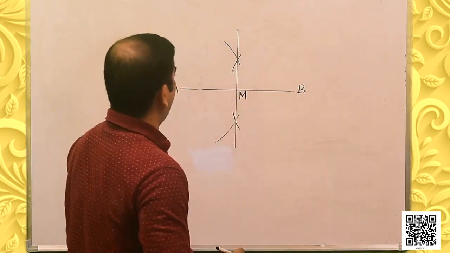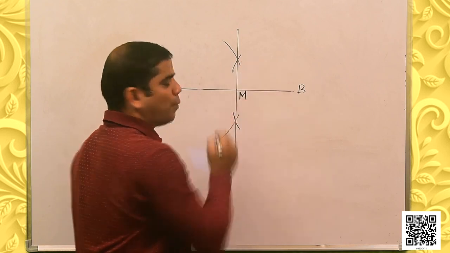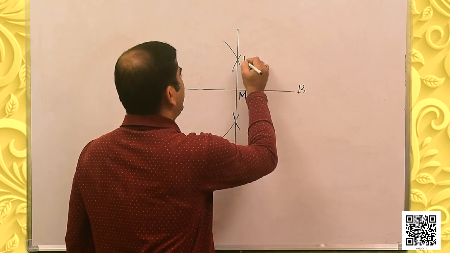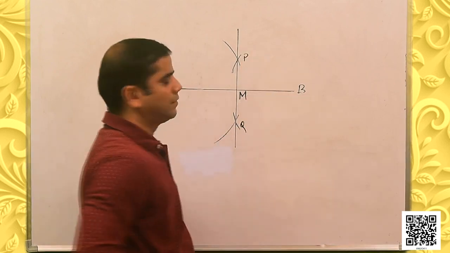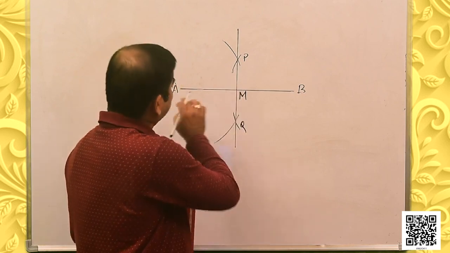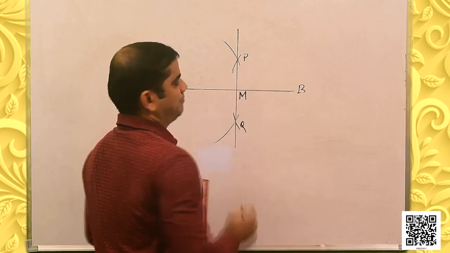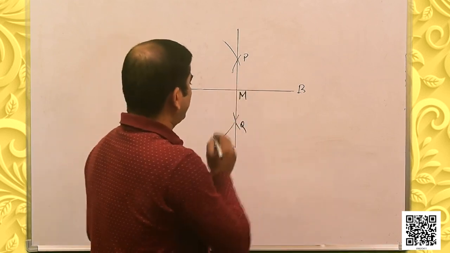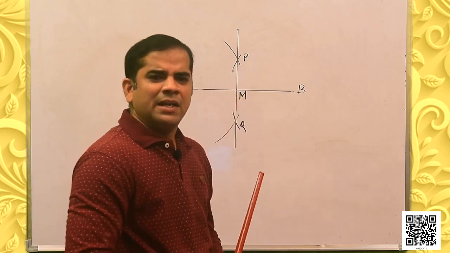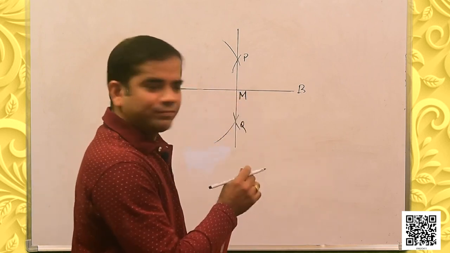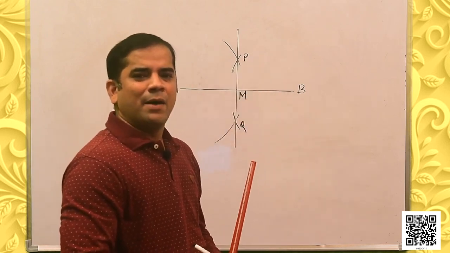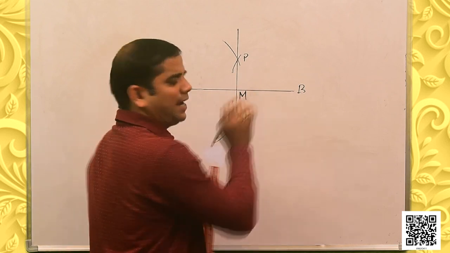Okay, and the two points of intersection of the arcs are, suppose, P and Q. Fine. So PQ is bisecting AB at point M. Now PMQ is the required perpendicular bisector of AB.